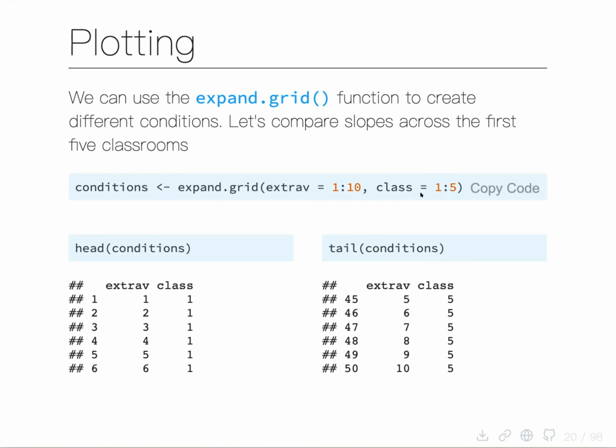So it's going to go 1 to 10 for class 1, 1 to 10 for class 2, 1 to 10 for class 3, etc. Okay, so if I look at head for conditions, you can see xtrav is varying and class is constant. And then if I look at the tail, you'll see xtrav goes to 10, and this is now for class 5. Okay, so overall, this is 50 rows or whatever.